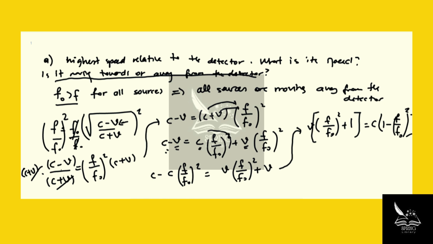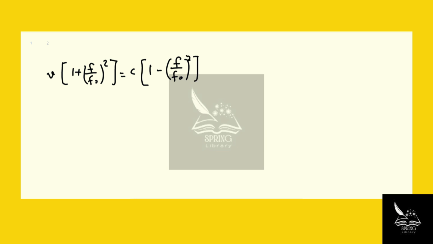So let me write down this equation on the next page nicely. V times (1 plus (F over F naught) squared) equals C times (1 minus (F over F naught) squared), right?